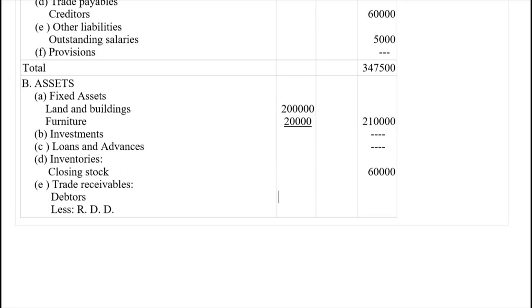So here the debtors are given in the problem as rupees 50,000 less RDD is 2,500. So now let us take this total to the outer column here. So it is 47,500.